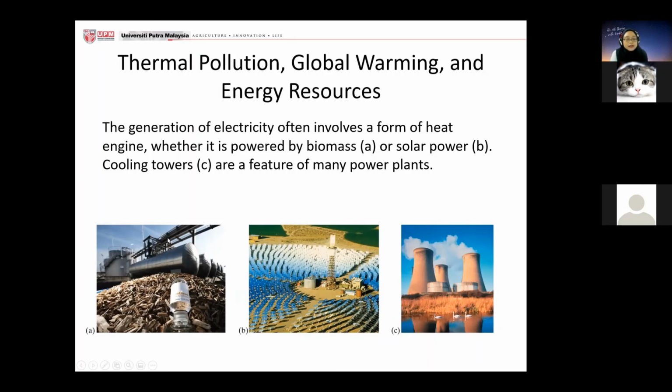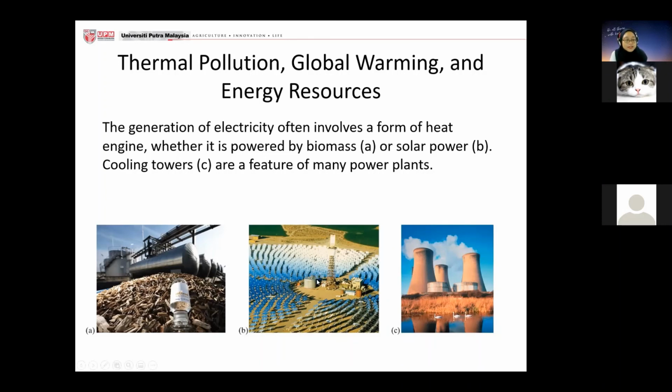In these two situations, in biomass, you are changing the chemical energy into electricity, and for this one, you are transforming solar power into electricity, right? And remember, there's always going to be heat or temperature difference. And that is why you always see cooling towers when you look at any types of power plants.